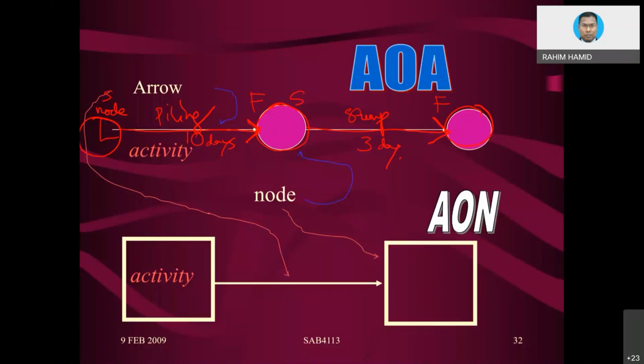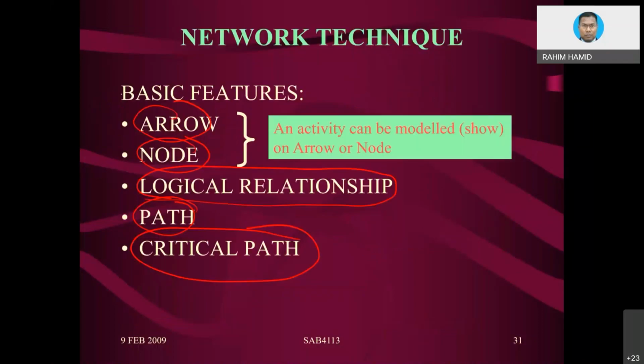In contrast with the AON diagram, activity on node. Remember the circle, this is what we call a node. Remember we already mentioned the arrow. Now, number 2 is basically the node.